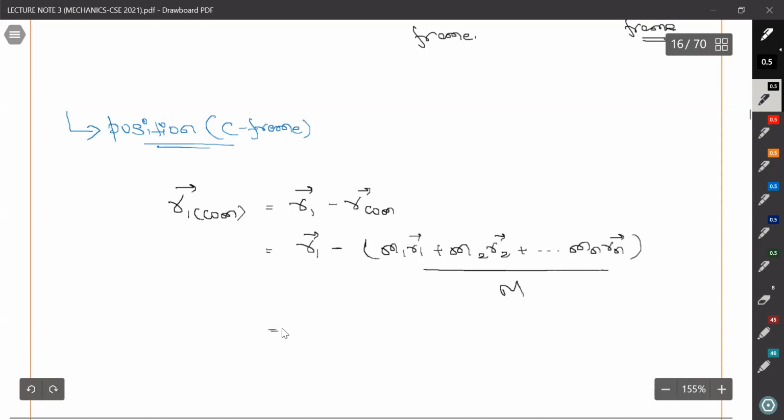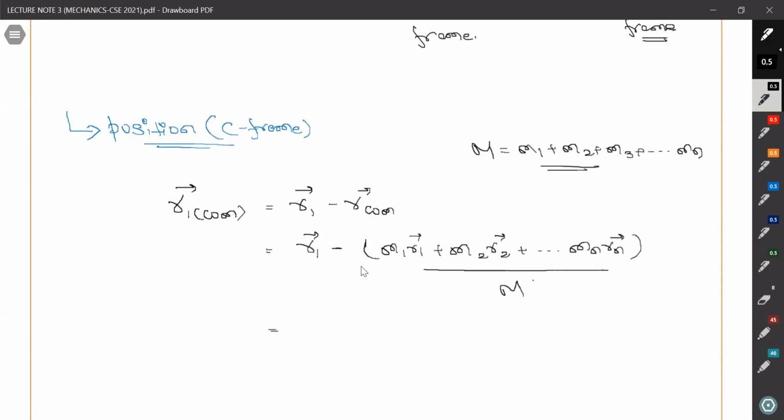Okay, so what is this? M equals to what? m1 plus m2 plus m3 up to mn. Just try to put this value here. What you will get, m1 and r1 will cancel out each other.